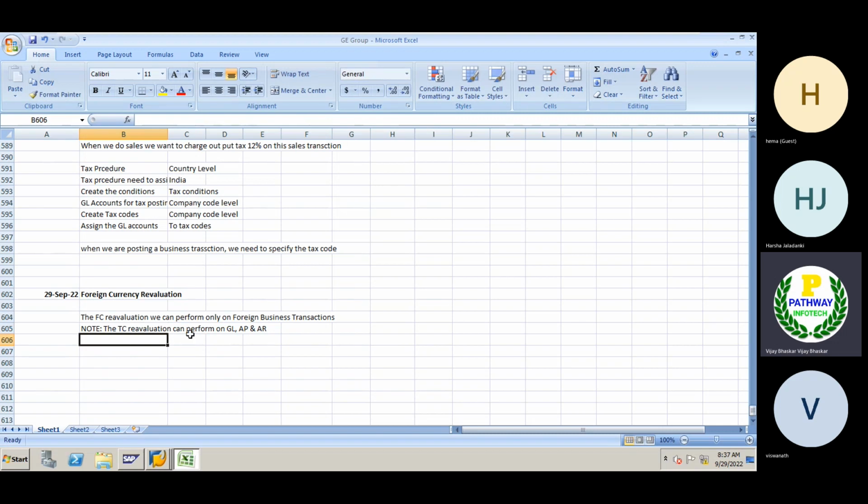Let us talk about general ledger accounting: what kind of transactions do we have in general ledger accounting for foreign currency revaluation? Let us assume we borrowed a loan from outside of India, let us assume from Singapore. At that point we must make the interest payment at month end in Singapore dollars, their local currency.